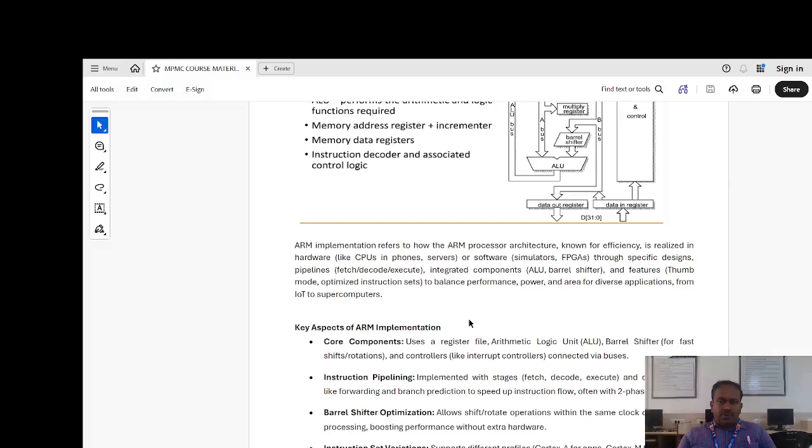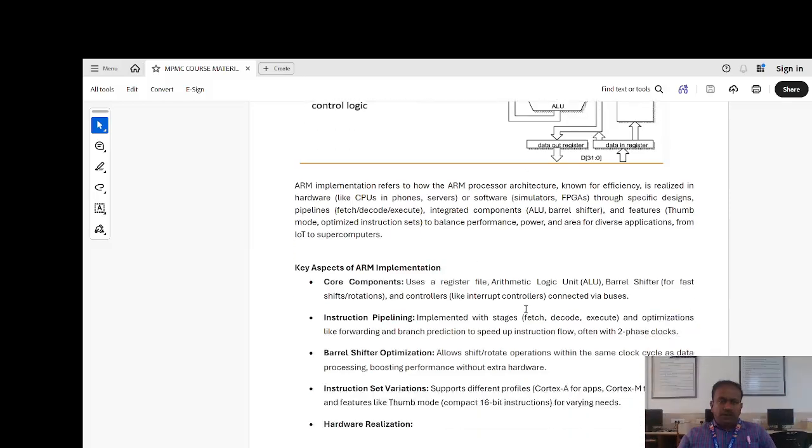Then integrated components like the ALU, barrel shifter, and features like Thumb mode, and an optimized instruction set to balance the performance, power and area of applications from IoT to supercomputers. The key aspects of ARM implementations are, first, core components. Core components use a register file architecture, the ALU, that is the arithmetic logic unit, the barrel shifter for fast shift and rotation, and controllers like the interrupt controller connected via buses.